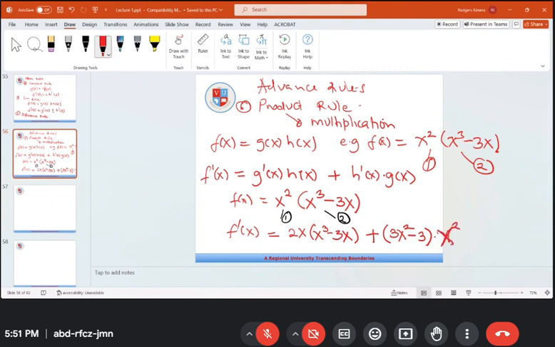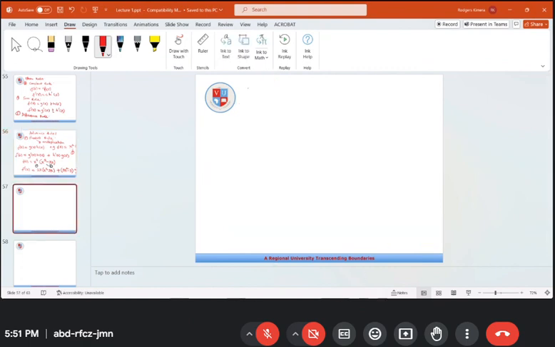It is important that you write your answer in the very simplest form. Multiply out the brackets, collect like terms until we come up with the most simplified answer.